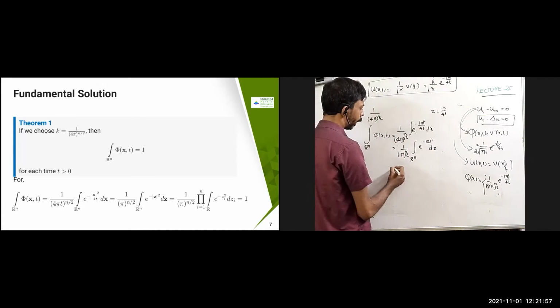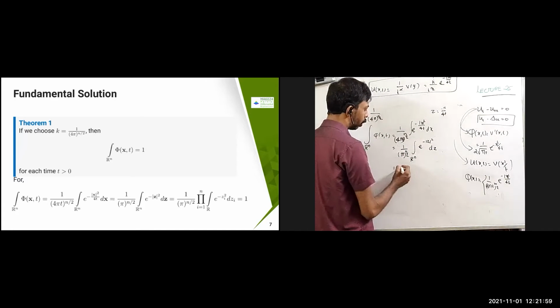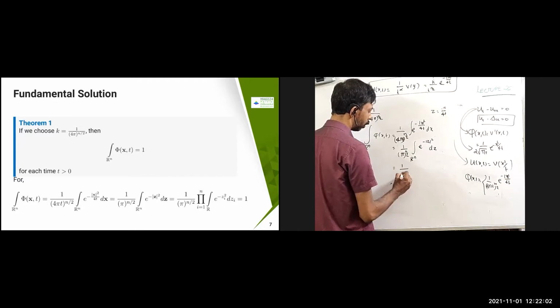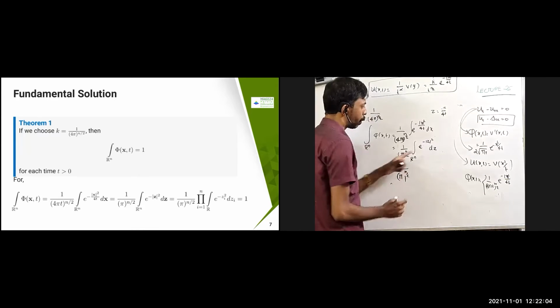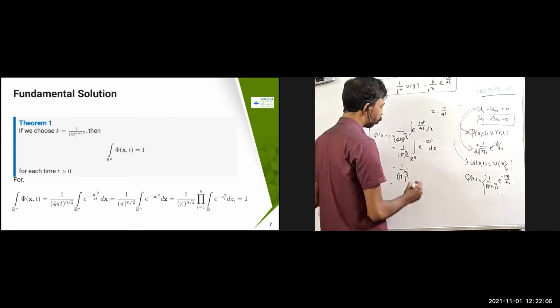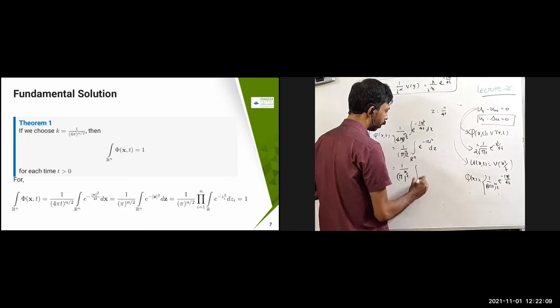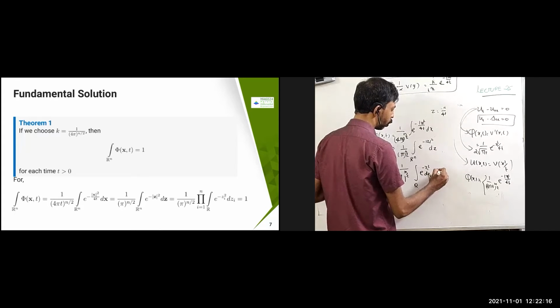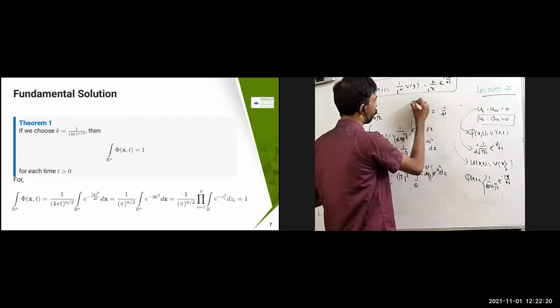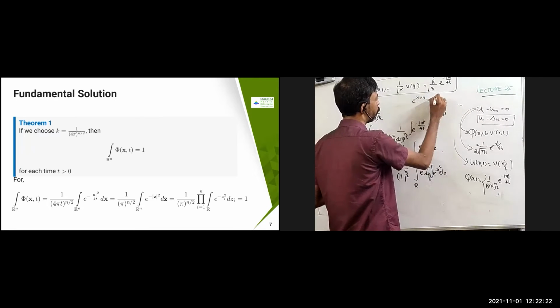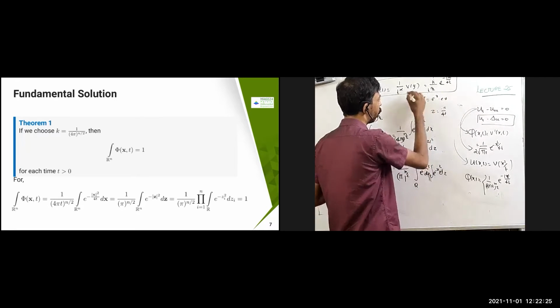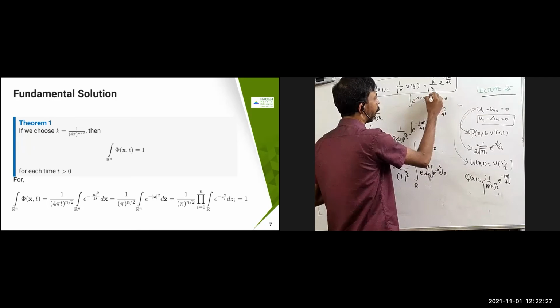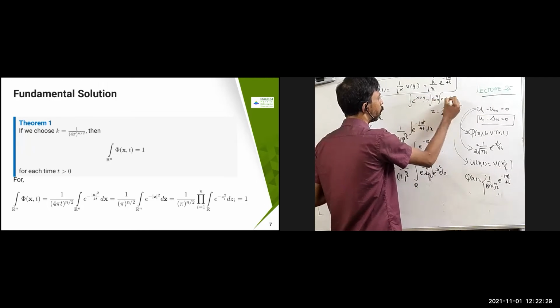This is over R^n, and each one is independent, because e^(-|z|²) is there. So I can write this as the integral over R of e^(-z1²) dz1, and then e^(-z2²) dz2, because of the exponential function: e^(x+y) can be written as e^x and e^y. So if I take the integration with respect to dx dy, I can write dx times dy.